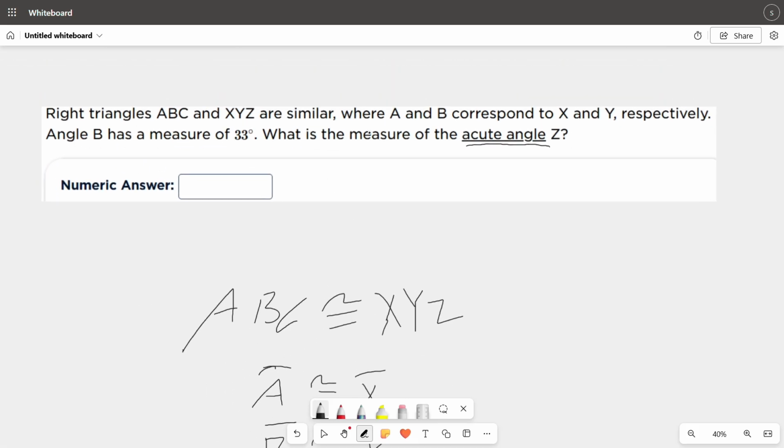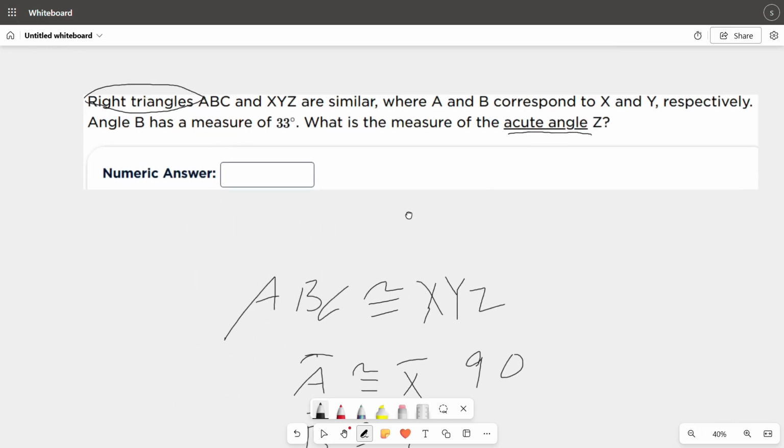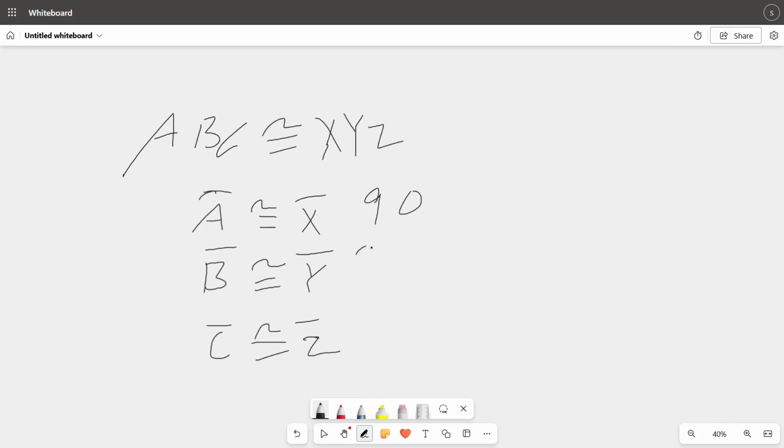Remember that these triangles are right triangles. So if C and Z are the acute angles, then that means A and X are right angles, which is 90 degrees. So we know what A and X are. A and X would be 90. B and Y, as we already stated, is 33.